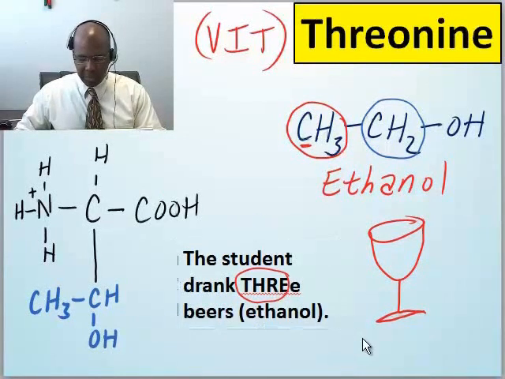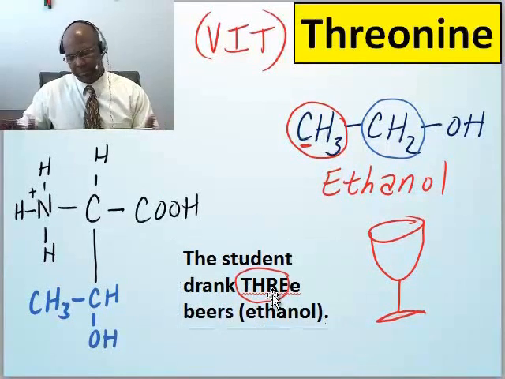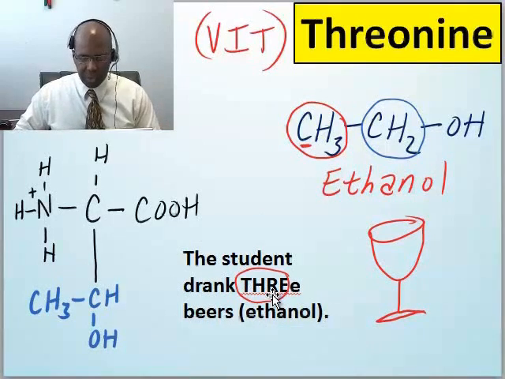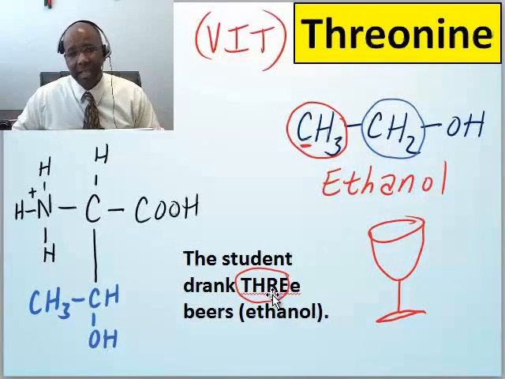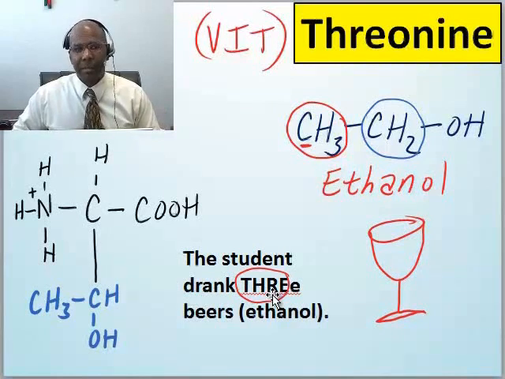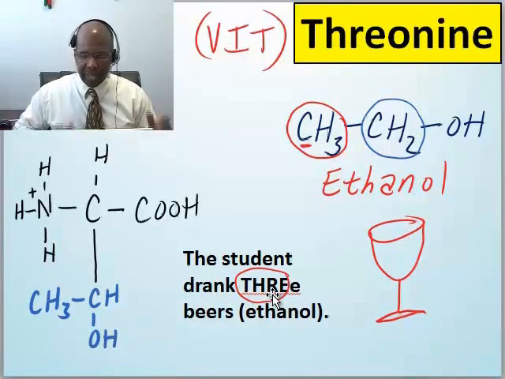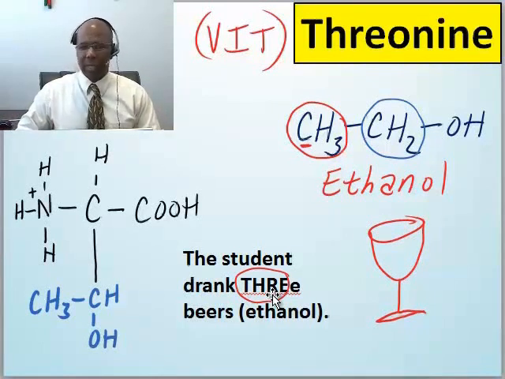If you can remember this statement, you'll always have an association between threonine, the amino acid, and the parent compound of the side chain, ethanol. And this is the amino acid threonine. Hope you remember it.